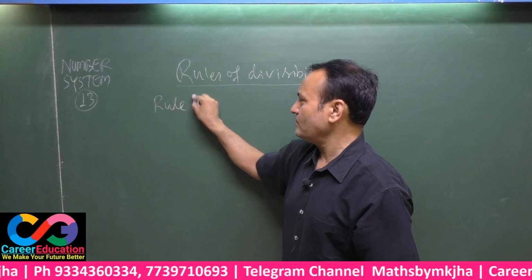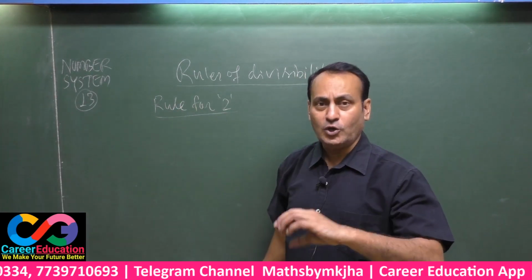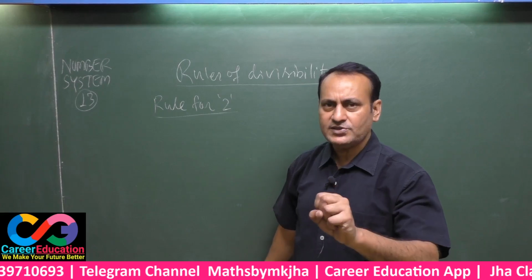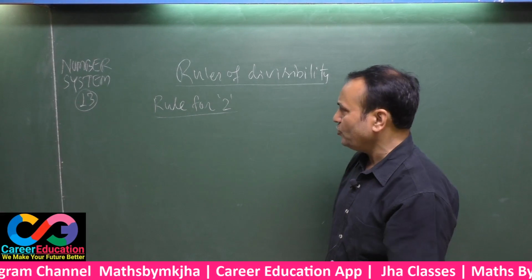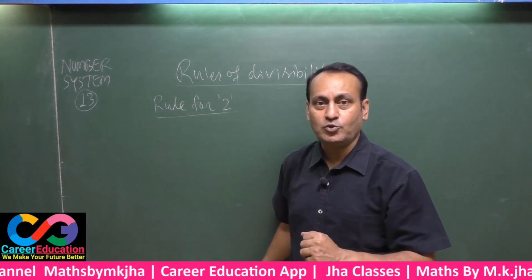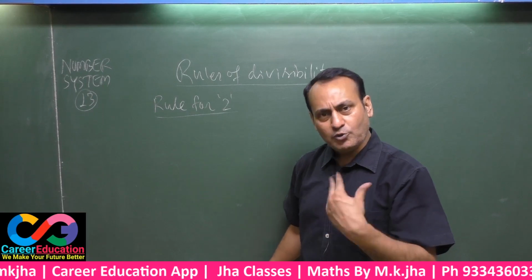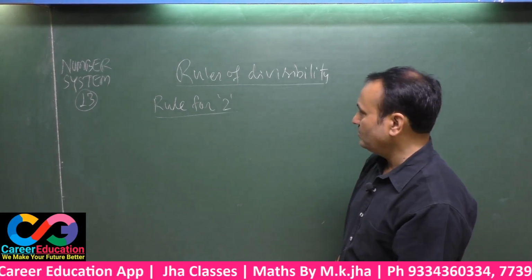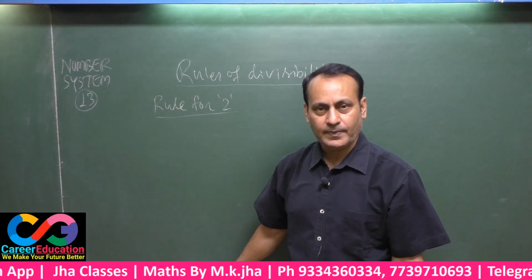Rule for 2. That means we have to note down the rule for 2. The number may be huge, but we have to point out whether it is divisible by 2 or not. For that there are some systems. You have to pick up that. See here. Rule for 2, note down the language.